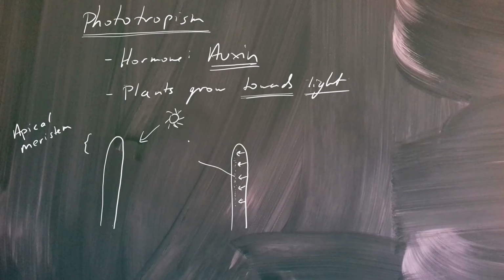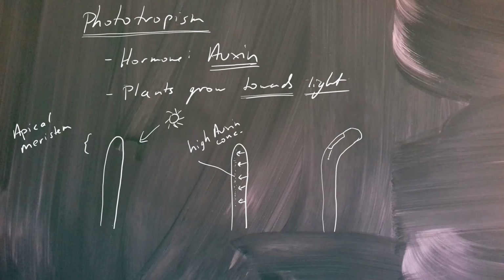So there's a high auxin concentration on the shady side, and what the auxin now does is it causes the cells to become longer. And as a consequence, what's going to happen is the plant is going to bend over like this, because here on the shady side the cells are longer.